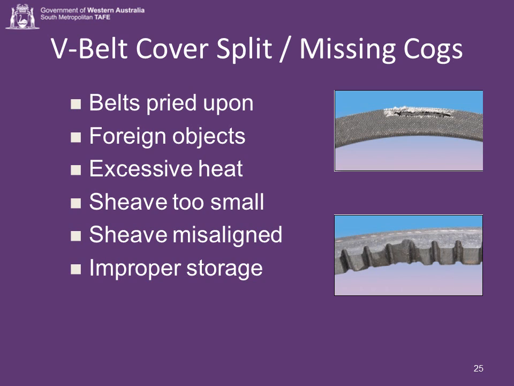If the V-belt cover is split or the cogs are missing, this is normally a sign of mechanical damage caused by incorrectly installing the belt or removing it by prying it, or some foreign object.